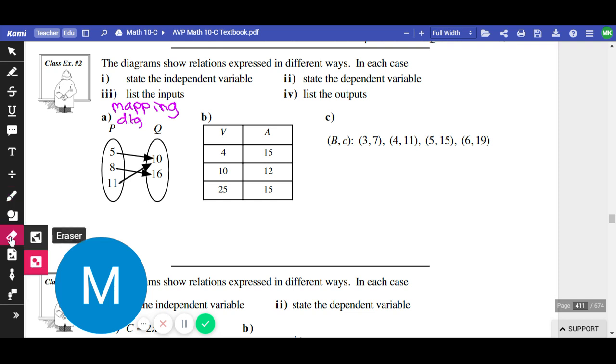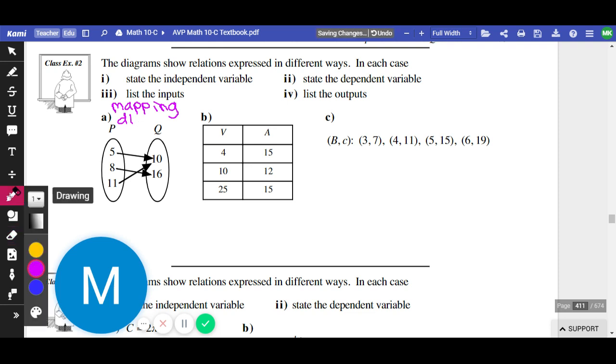Oh boy, that's not a nice little diagram. What did I just do? We're learning things. We're learning things, people. Okay, that's a mapping diagram. I know it's a mapping diagram because it has bubbles and arrows. Okay. We're going to figure out which one's the input, which one's the output.